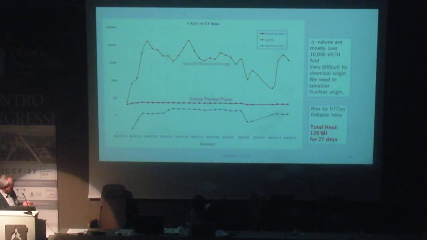And in the case of the CMG sample, this value becomes much higher, over 10 keV or over 100 keV, for about a 27 days run, with heat power over 60 watt. The total energy is 128 megajoule in this case, over 27 days.